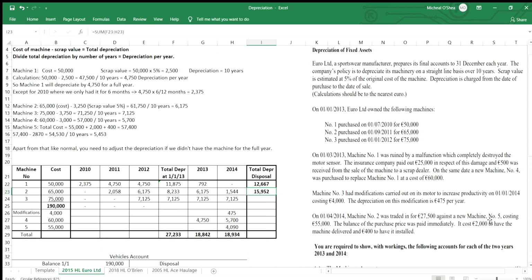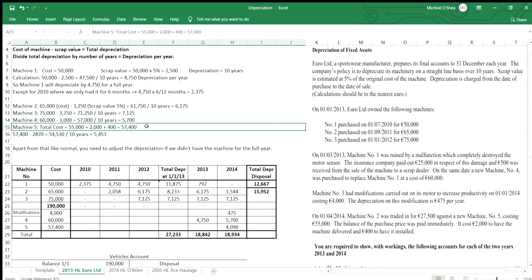Apart from that, we purchased a new machine. That new machine cost us 57,400 in total, because we added up the 55 plus the 2,000 plus the 400. We found the total depreciation already to be 5453, but we did not have machine 5 for the full year. We had it from the 1st of April on, so we didn't have it for the first 3 months.